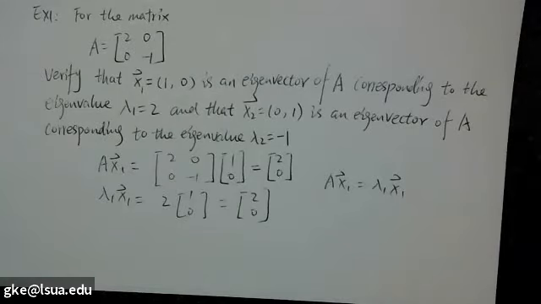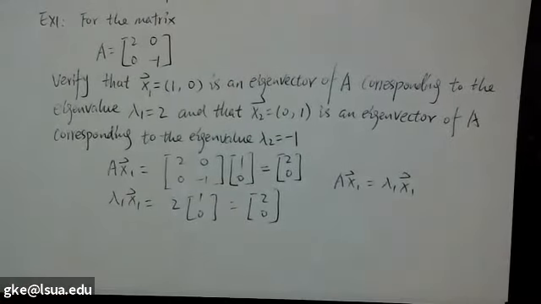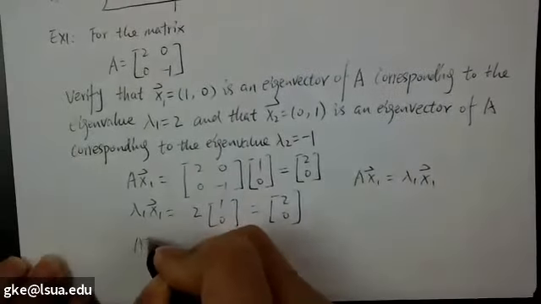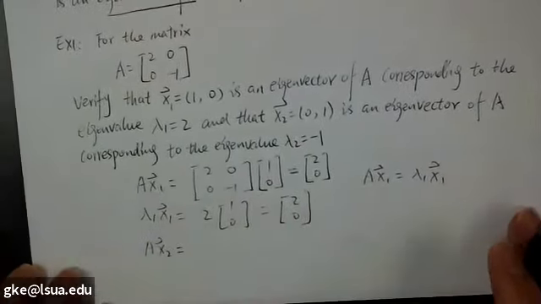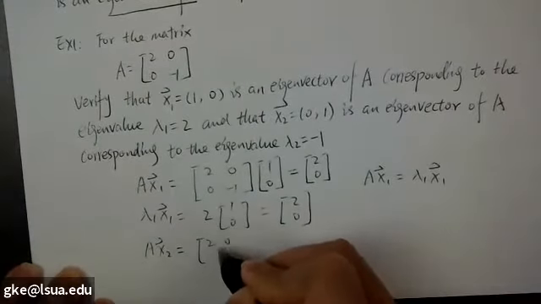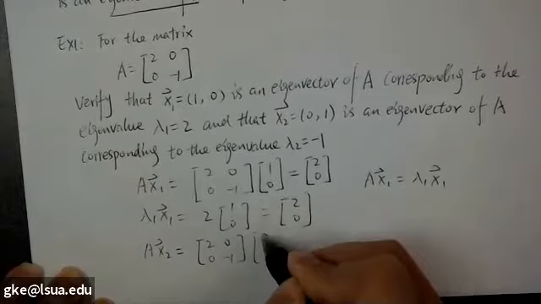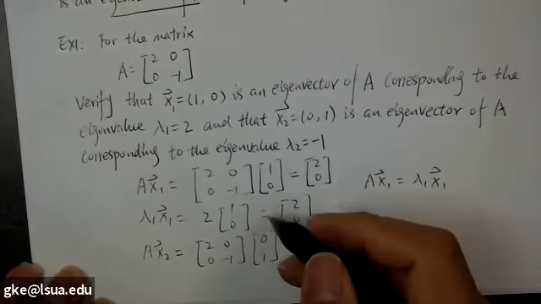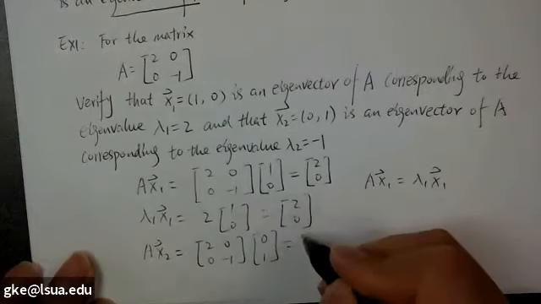Okay, now I'm going to write down the answer. The first thing we calculate is A x2, which is [2, 0; 0, -1] times (0, 1). You're going to get (0, -1).